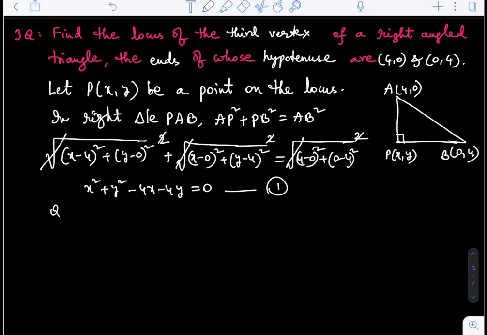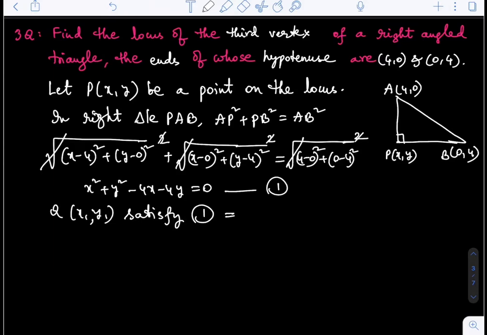Now let us take one point, which is Q. Suppose Q(x1, y1) satisfies equation 1 here, and Q is different from A and B. Okay, then what happened?